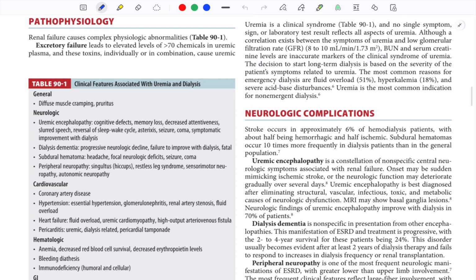What are the clinical features of uremia? So uremic encephalopathy, dialysis dementia, neuropathy. What is dialysis dementia? It is a manifestation of ESRD, and it becomes evident after at least 2 years of dialysis therapy, and it does not respond to increase in dialysis. Why is it happening?